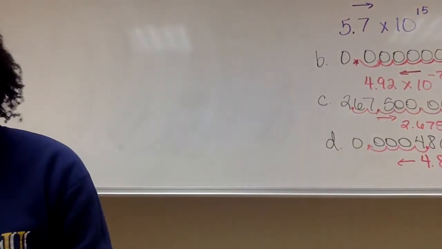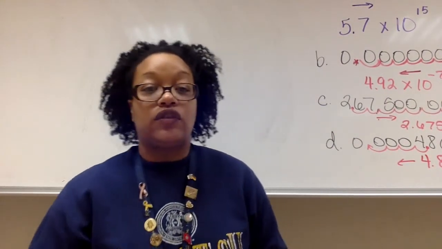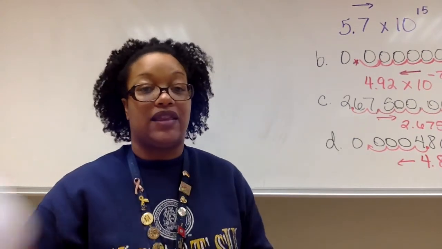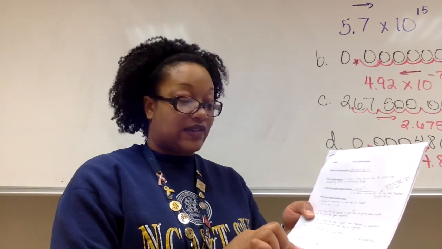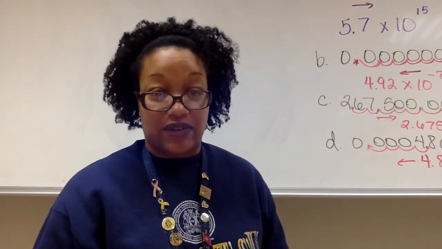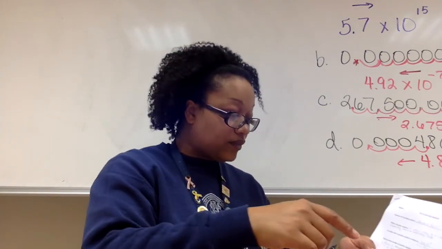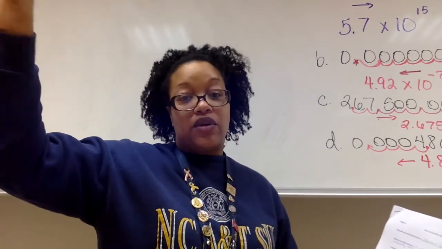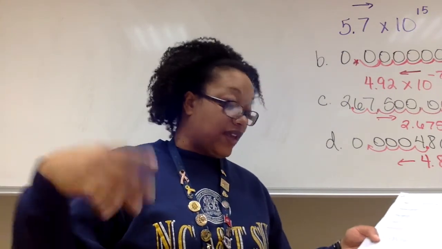To write a number from scientific to standard form, you just do the opposite. You take the exponent, whatever that number is, and that tells you how many places you count.